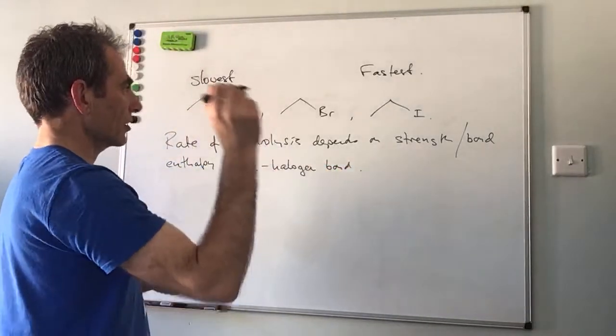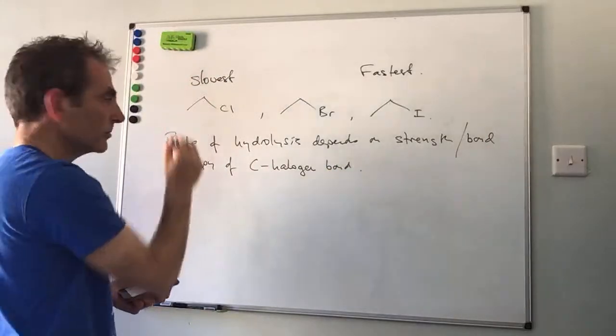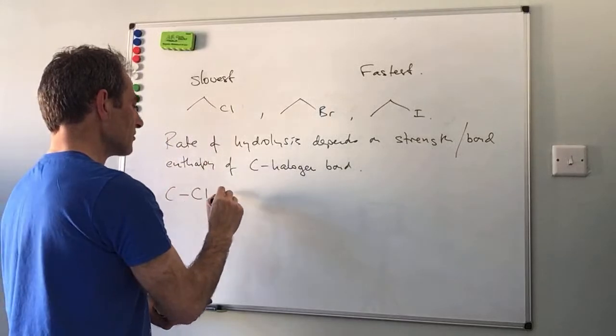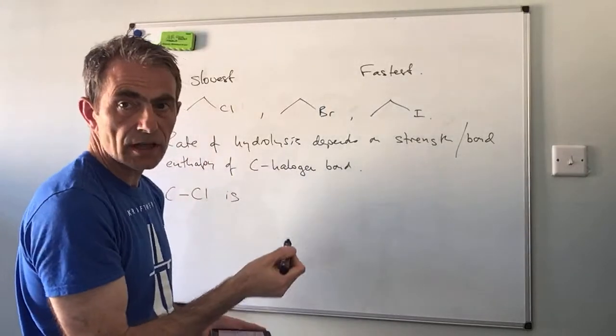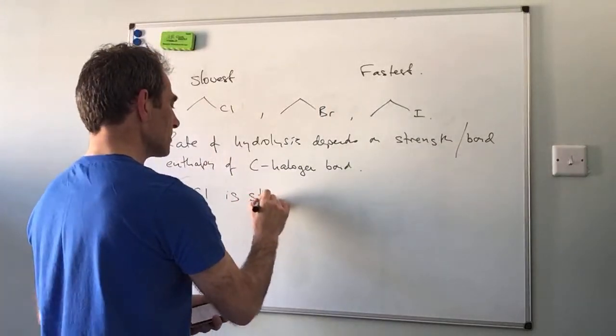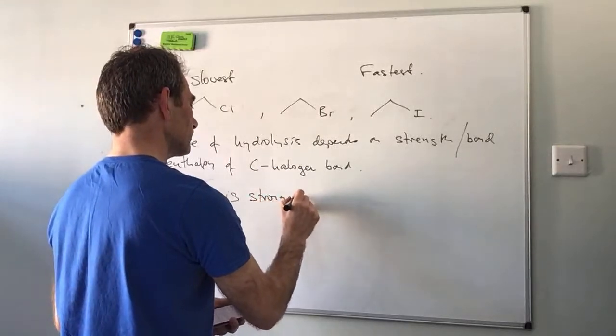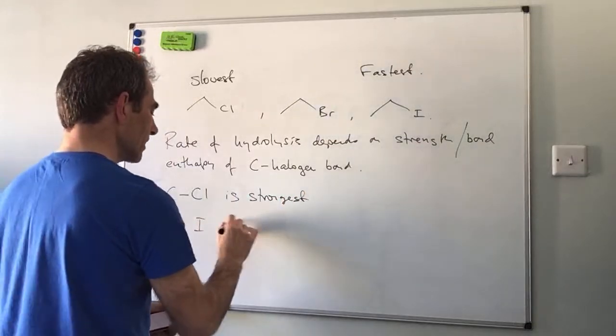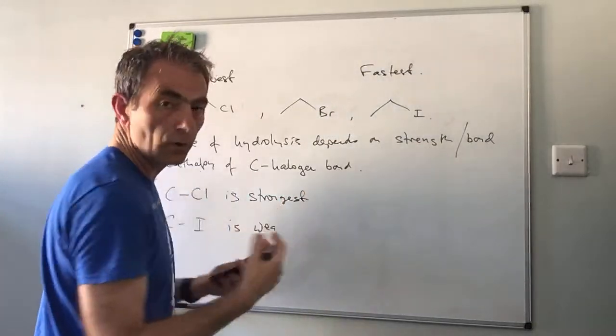So that's the slowest one because the C-Cl bond is the strongest, or has the highest bond enthalpy. So strongest, and the C-I bond is the weakest, or has the lowest bond enthalpy.